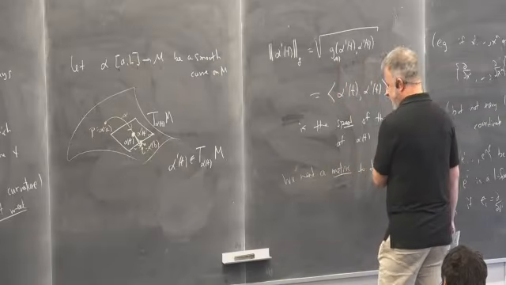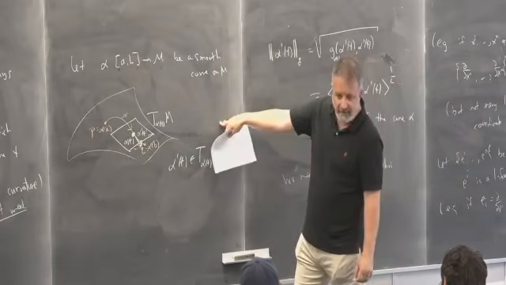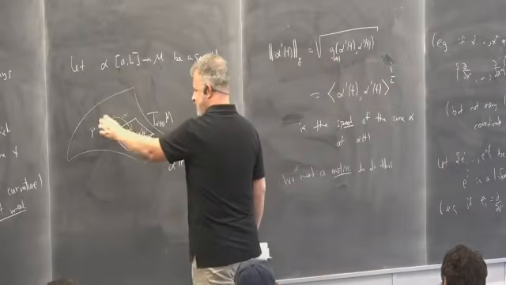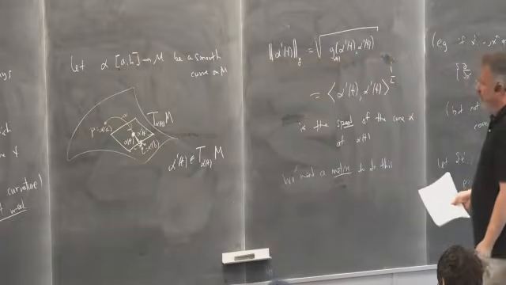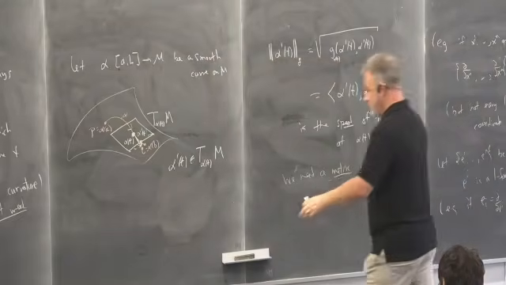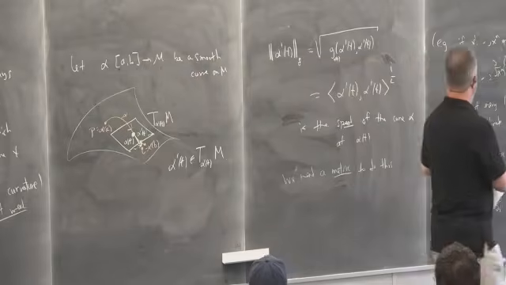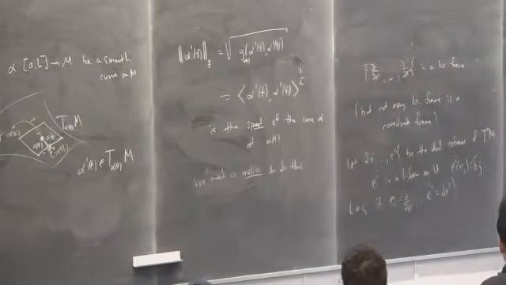If you have any curve on a smooth manifold, you can always define the velocity vector field. It's a tangent vector at every point along the curve. But to define the speed of the curve, which is the norm of the velocity, that depends on the metric. And if you chose some other metric, the speed would be different.